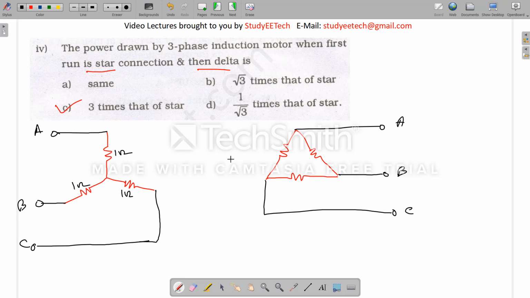This may not be 1 ohm, the proof will be the same, but for the sake of calculation I am taking 1 ohm.